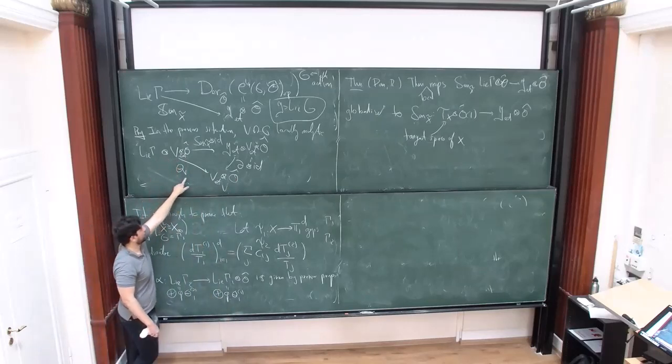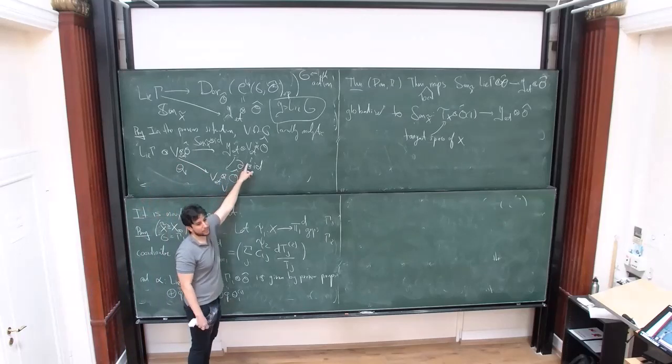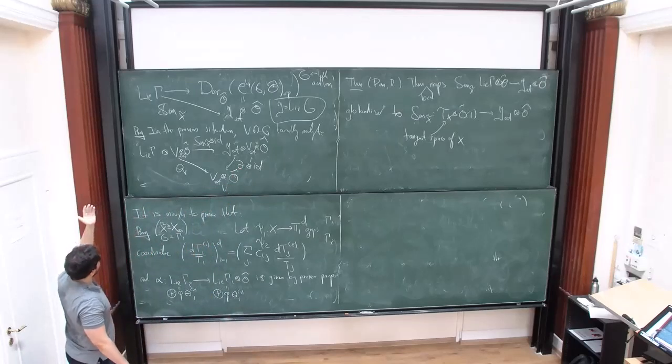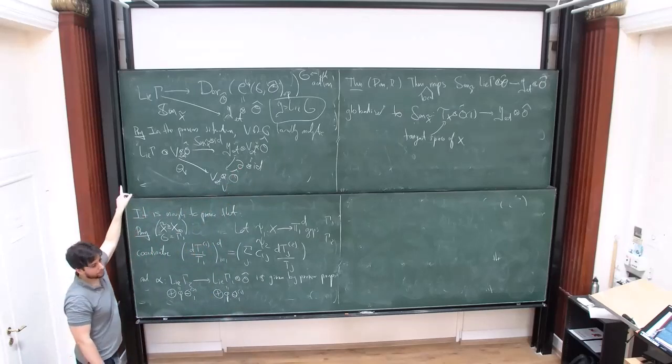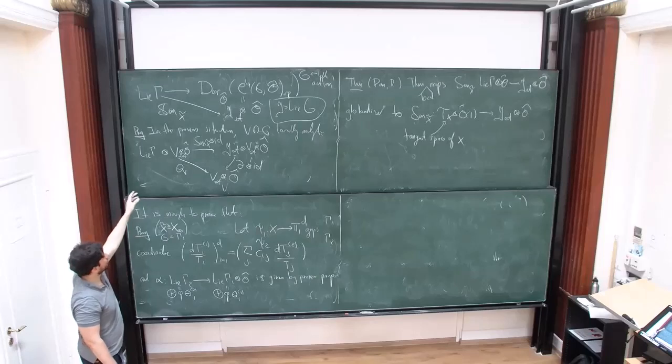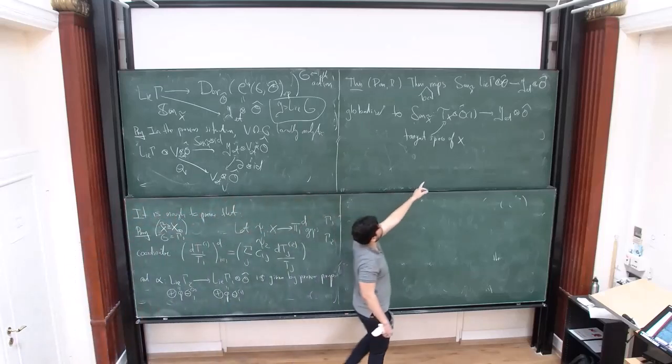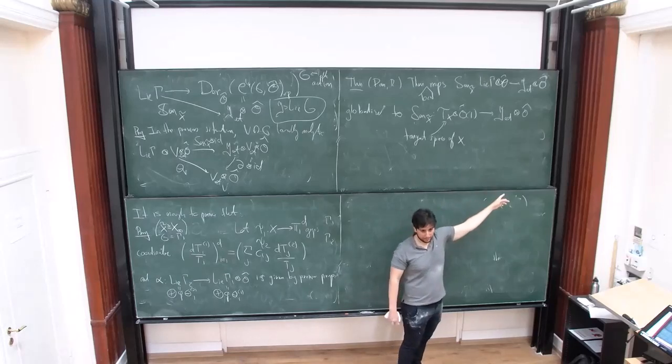The Sen operator can actually be built from this map using the natural derivations of G. So what I'm trying to explain now is that this map from the Lie algebra of these gammas, which are local, to the Lie algebra of G, which is something global, actually glues to a map of the tangent space to the Lie algebra.